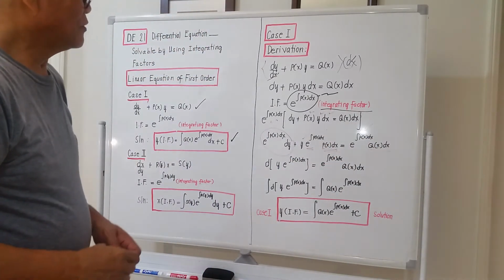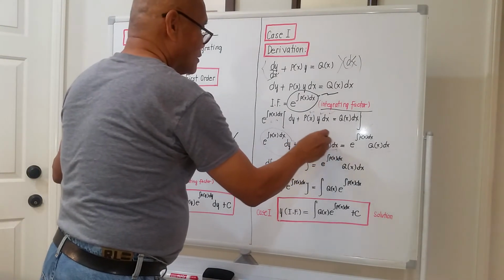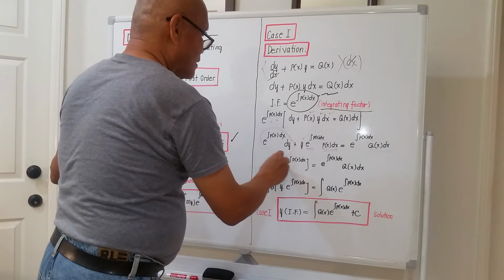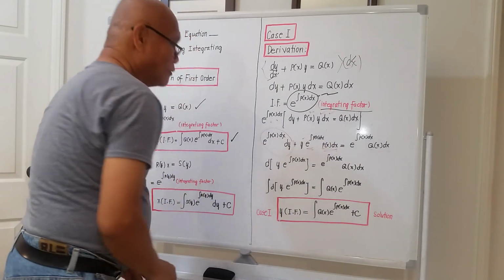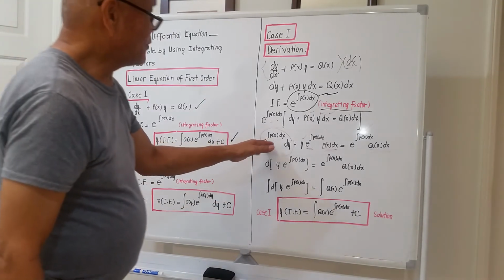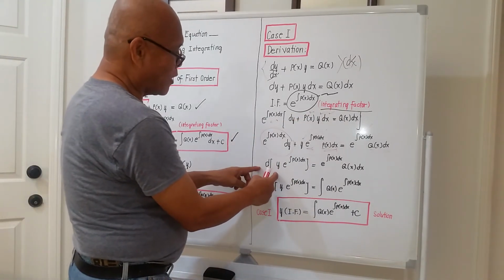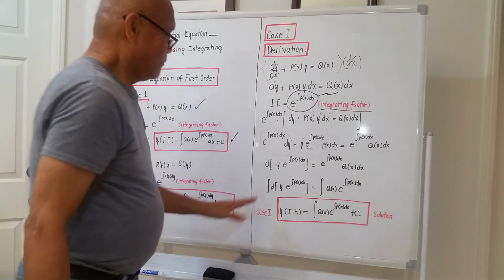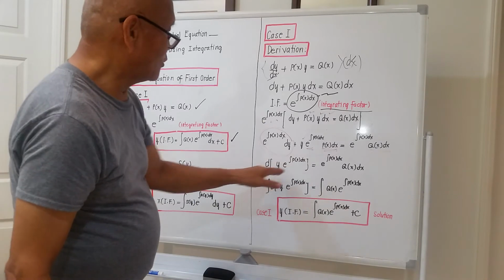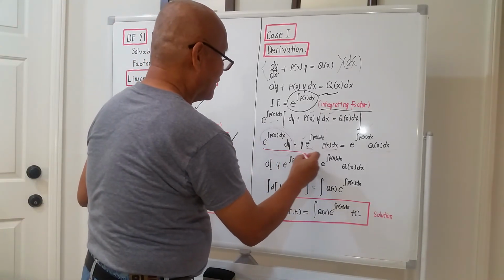If you notice the expansion after the multiplication, it is actually the differential of y times e to the integral of p of x dx. Because if you take the differential of this, what comes out is the whole left-hand side.